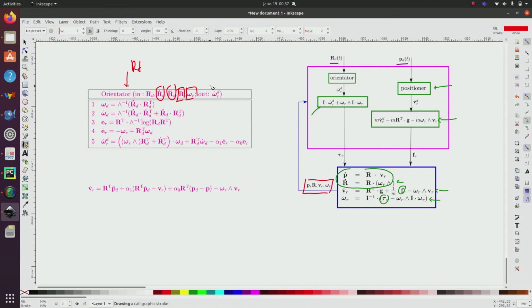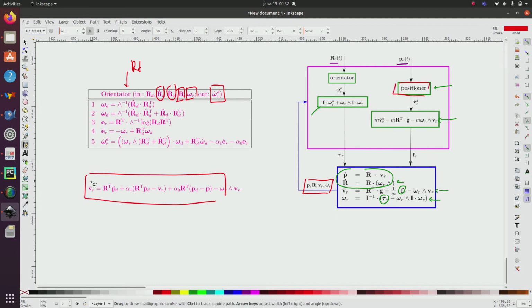And it will return how I have to change my rotation vector. This one is for the positioner, and it will tell me how I have to translate. Also, I need some elements of the state, such as this one and this one and this one.